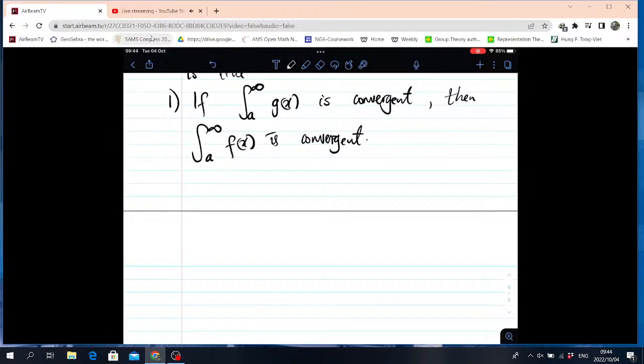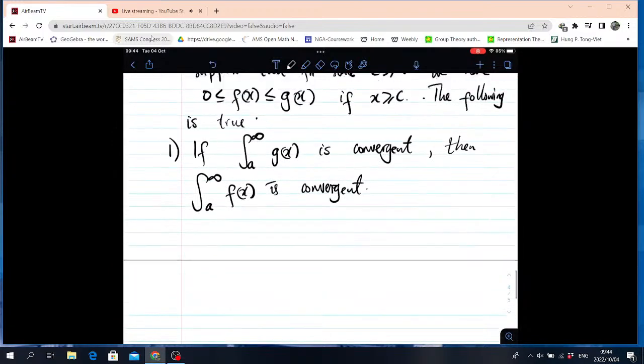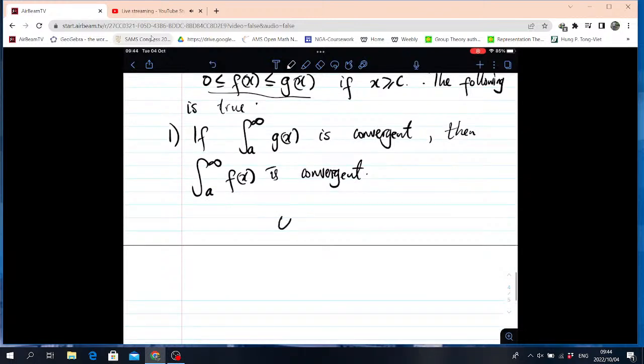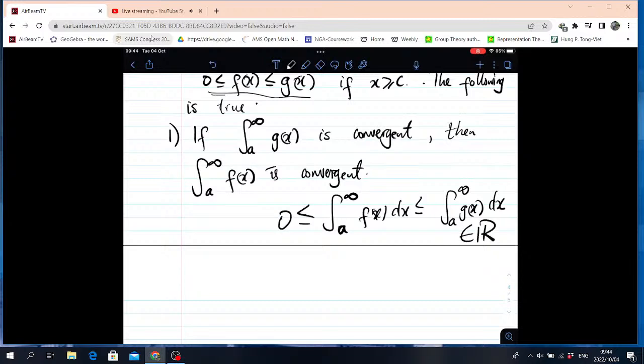As I had mentioned, if we take the integrals, the integral from a to infinity of f of x would be less than or equal to the integral from a to infinity of g of x dx. And if we know that this is a real number, then this is also going to be a real number.